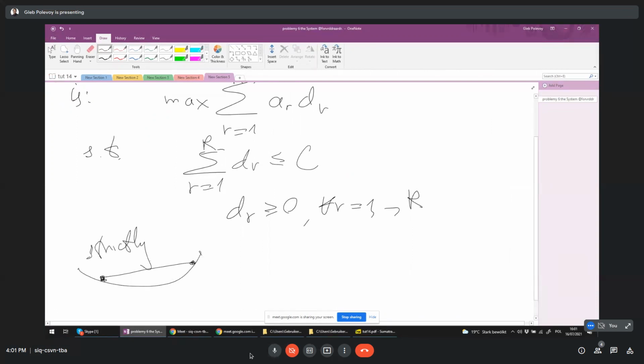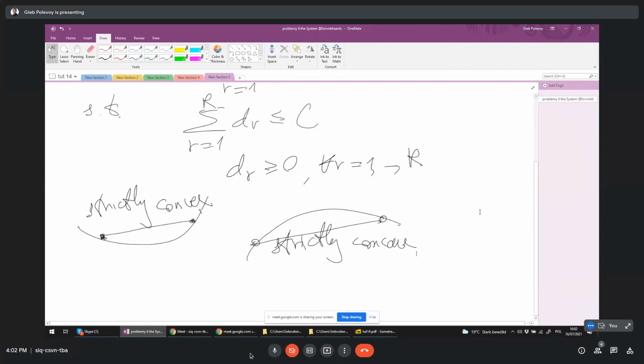I can write it down formally, but that's strictly convex, and that's strictly concave. Of course, if the graph is linear, then it's not strict. It coincides with all those tangents.